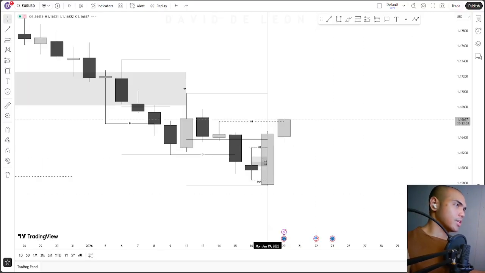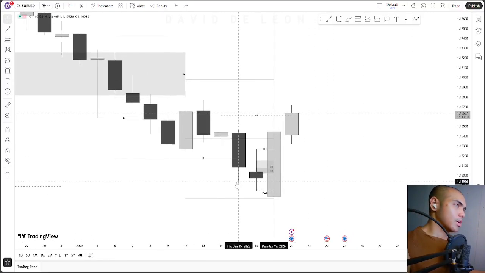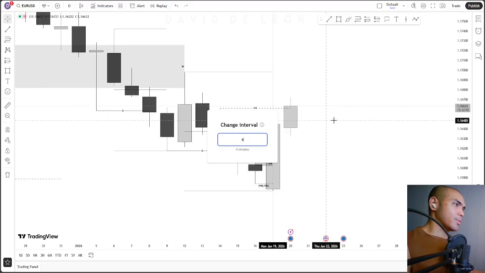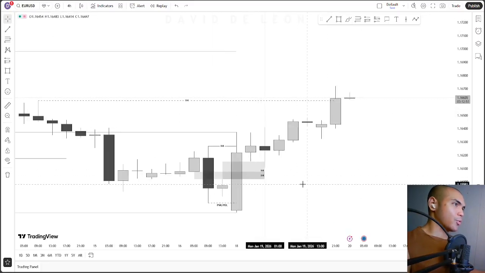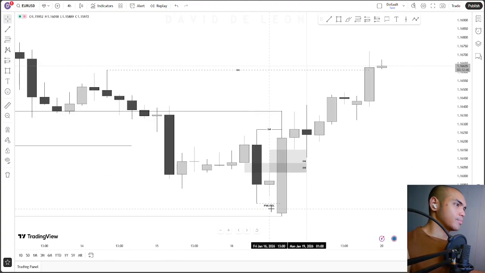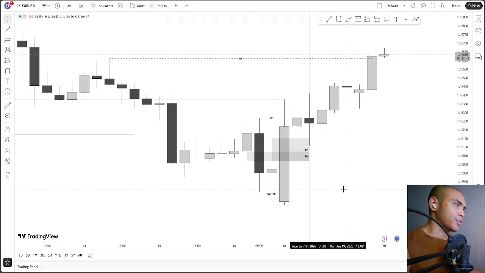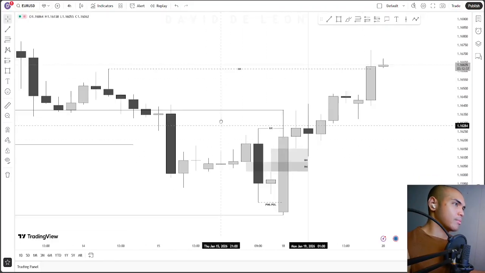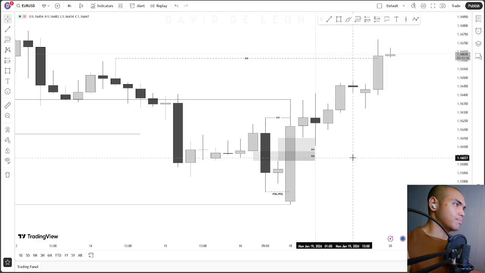Going down to the daily, it's also a previous daily low. So going down to the H4, as we can see that after we took out this H4 sell-side liquidity, or the previous weekly or daily low, H4 pushed to the upside, creating a market structure shift.